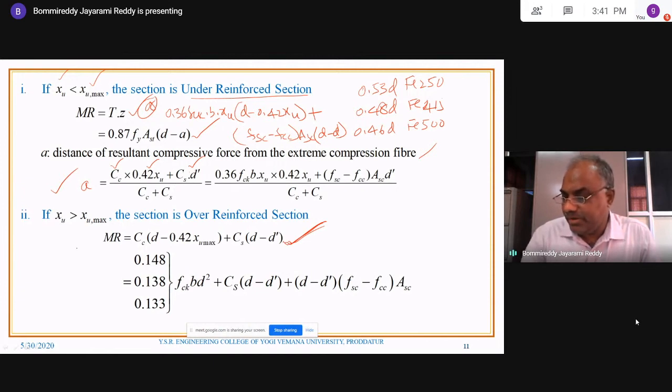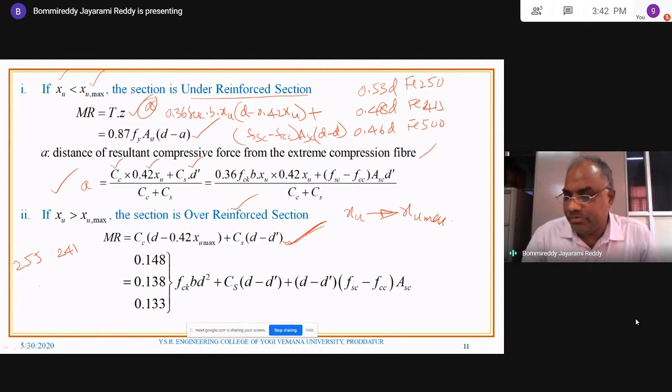And similarly, if Xu is greater than Xu maximum, this is called the over-reinforced section. Though the section is over-reinforced, we are going to limit Xu to Xu maximum. For example, if the first one is 255, the second one is 241.